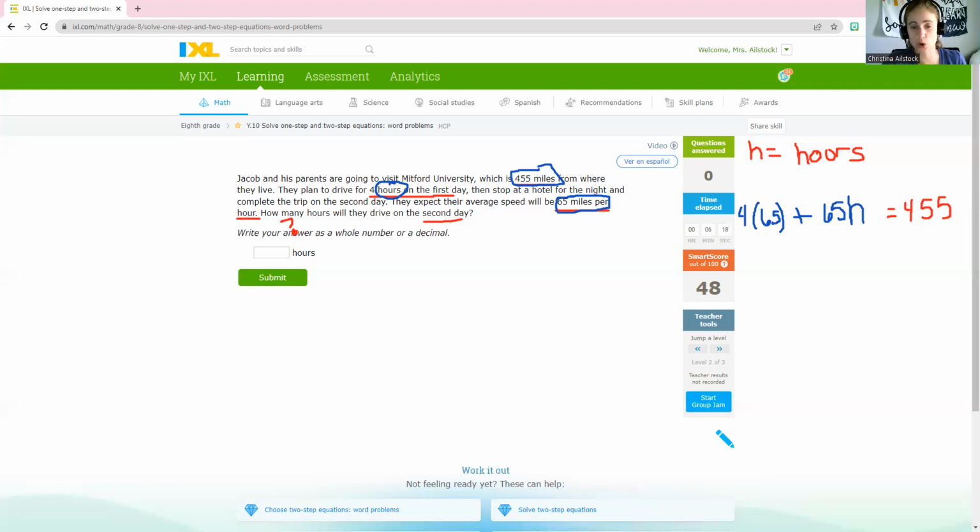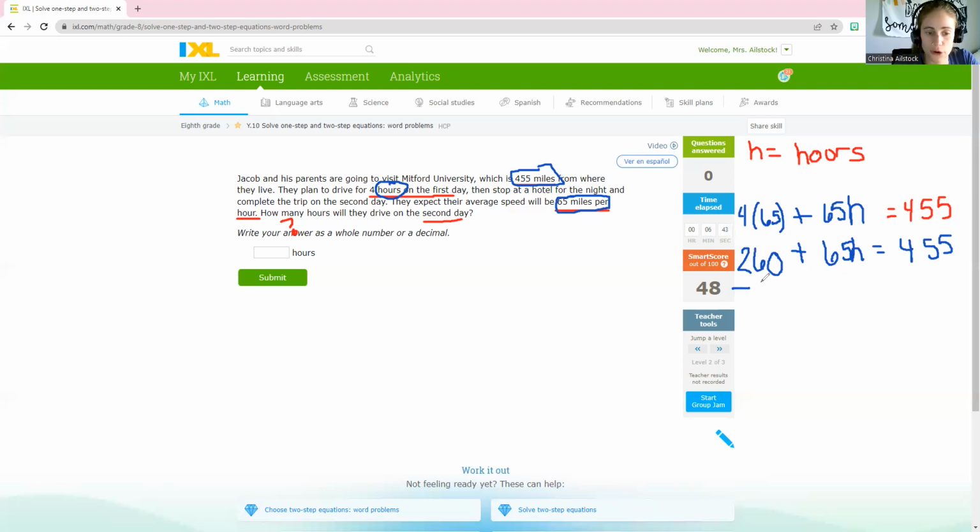And that's going to equal 455 miles. Now our equation's good. So let's first start off with simplifying that. We need to multiply 4 times 65, which is 260. So they'll have gone 260 miles that first day before they stop at a hotel.